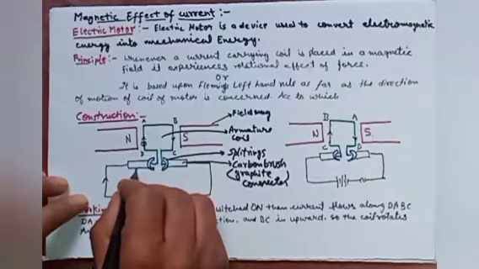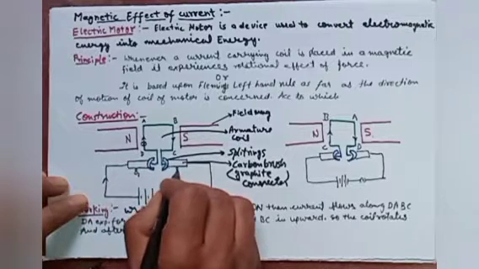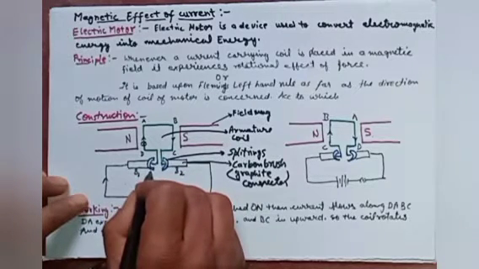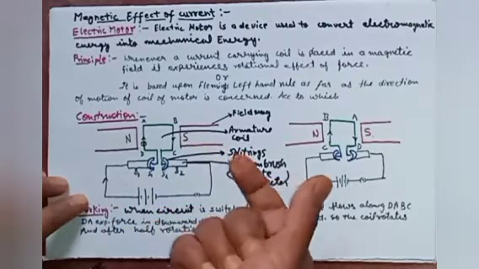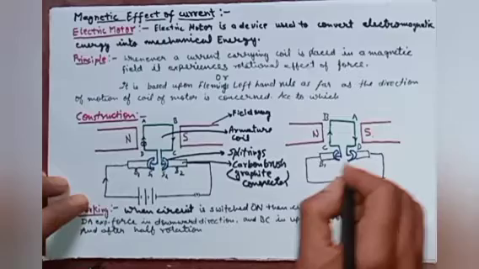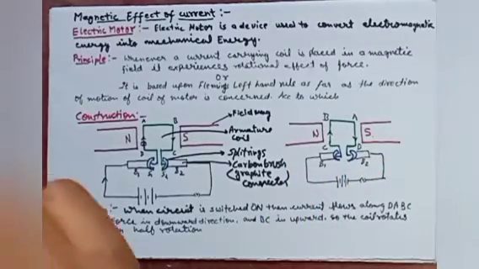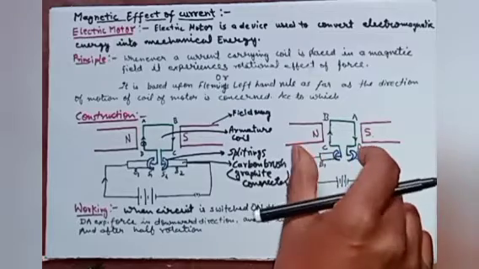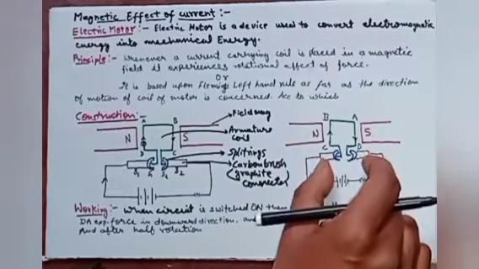So okay, I'm writing this carbon brush as B1 and this one as B2, and this slip ring as S1 and this as S2. Now after half rotation, B1 will remain at its position, B2 will remain at its position. They will not rotate. See, I told you about that, if this function is not there, then wire will get entangled. But now what is happening?